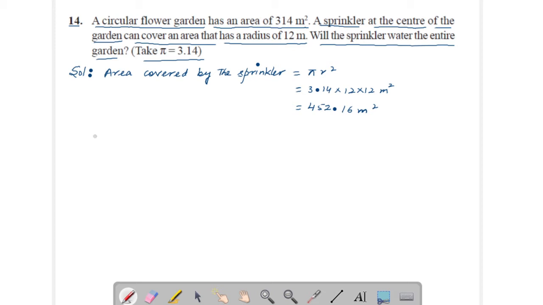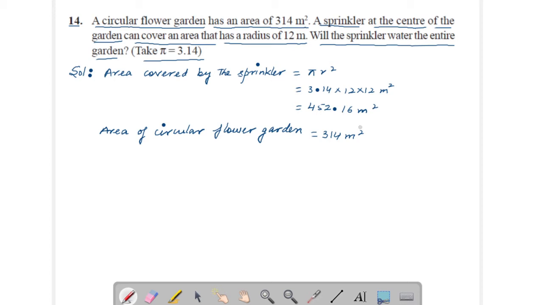Now area of circular flower garden, it is 314 meters square.